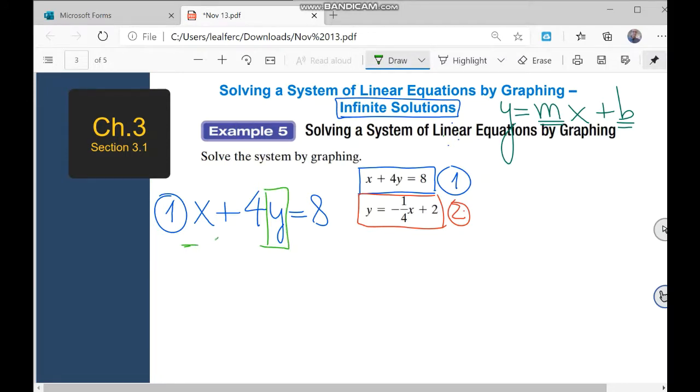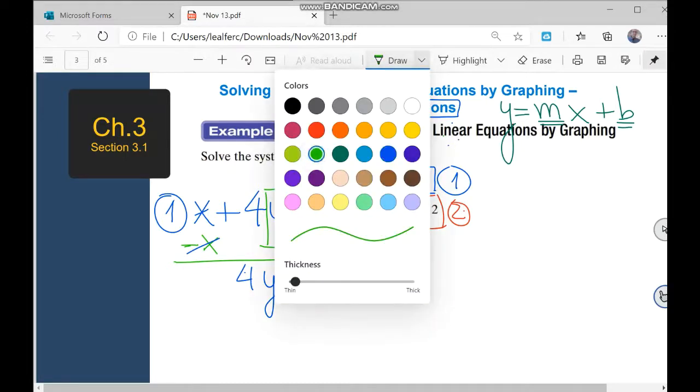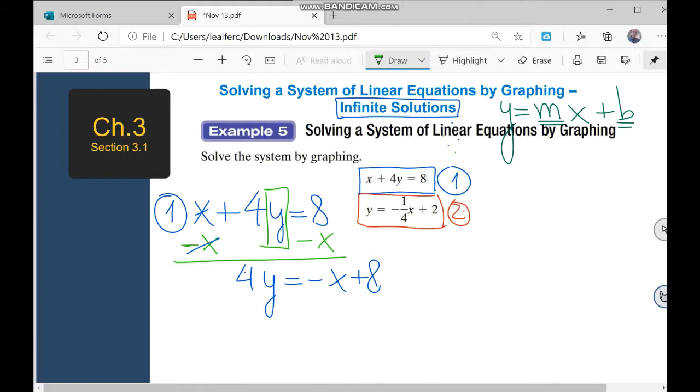Let's get rid of this x by subtracting x on both sides. Then we have 4y equals negative x plus 8. Now we need to get rid of this 4, because we still don't have only y on the left-hand side. So divide both sides of the equation by 4.